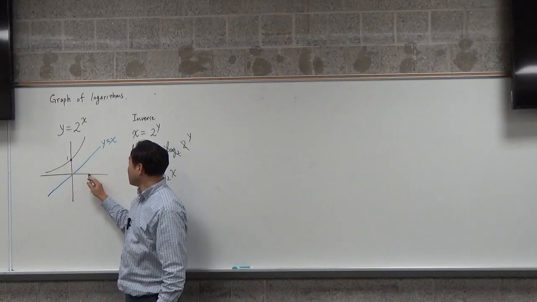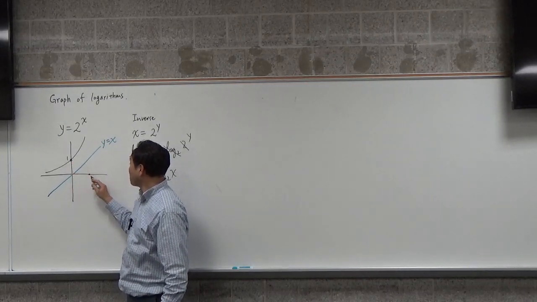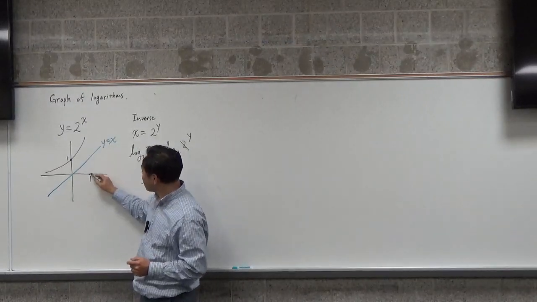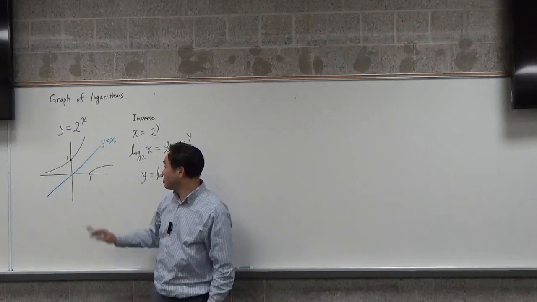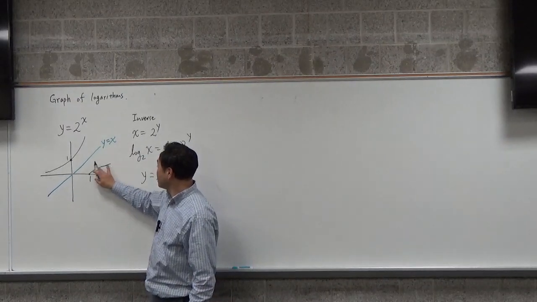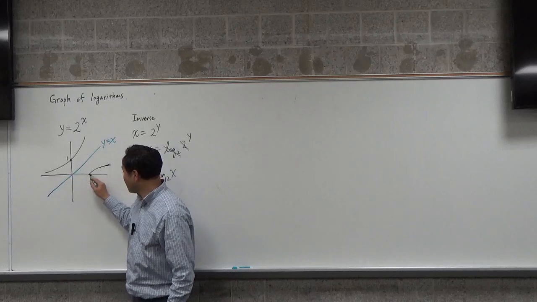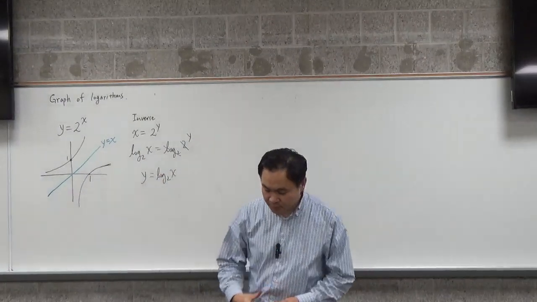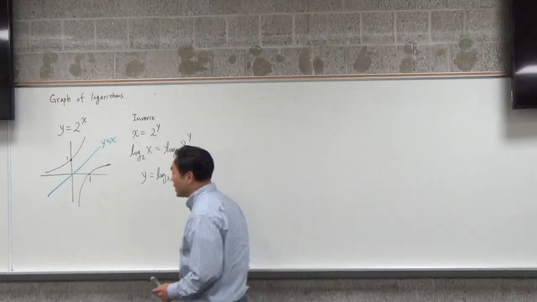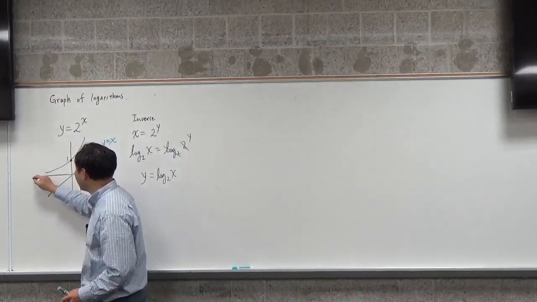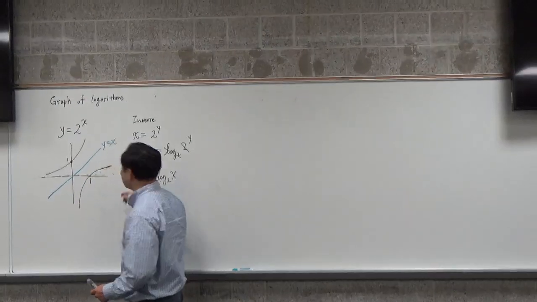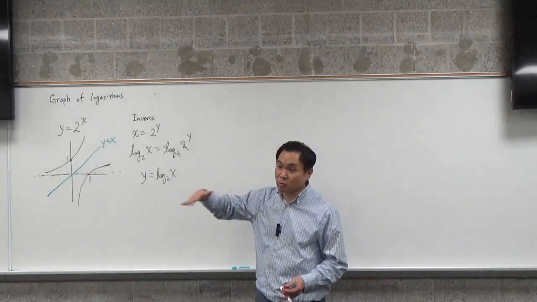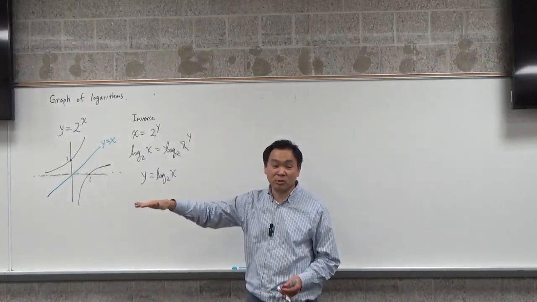Since it was 1 here, when it rotates over, you're going to get a 1 here as well. Right? Something that does this, you're going to get something that does this. And then something that does this will be like this. Furthermore, the original 2 to the x has this horizontal line as an asymptote, because as you extend the graph to the left, it gets very close to the x-axis.